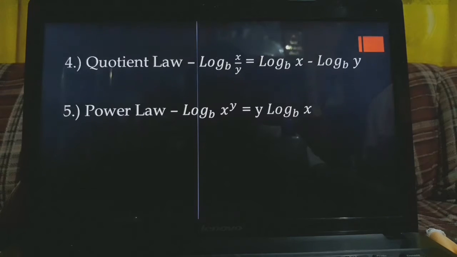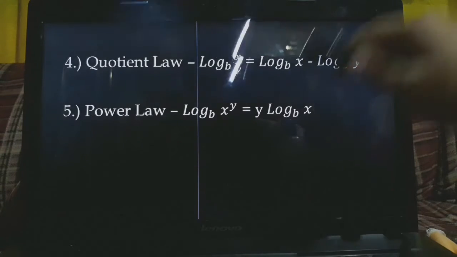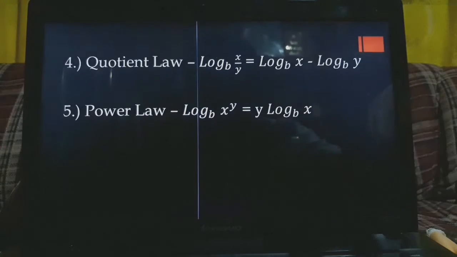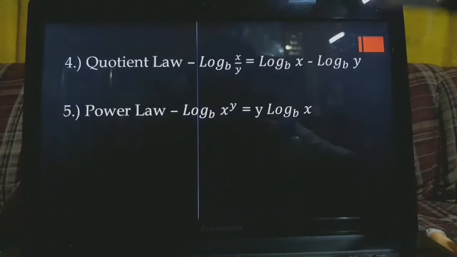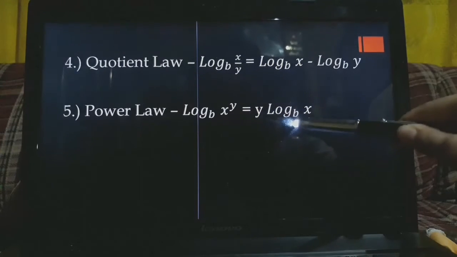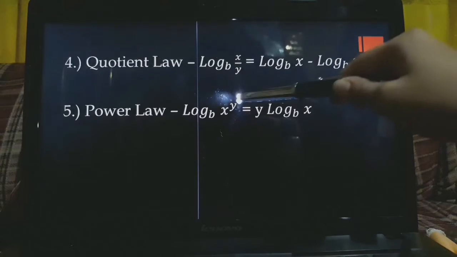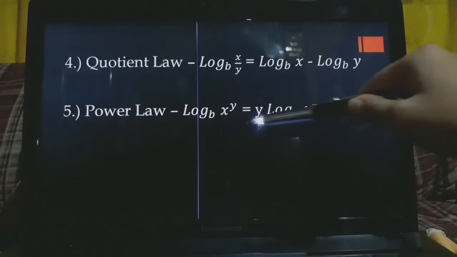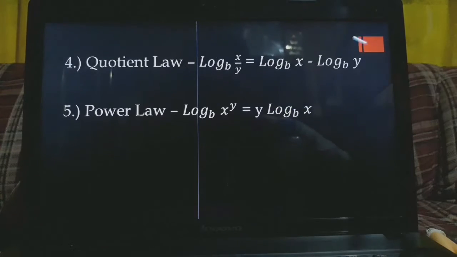Next, power law. Logarithm of x raised to y to the base of b is equal to y times logarithm of x to the base of b. The power should be written before the logarithm.